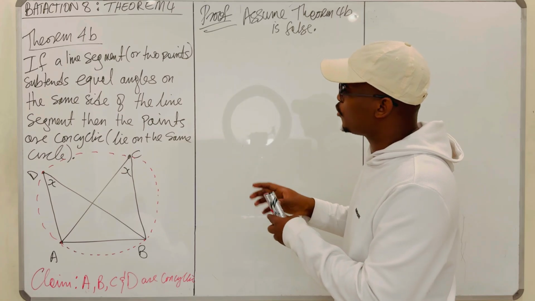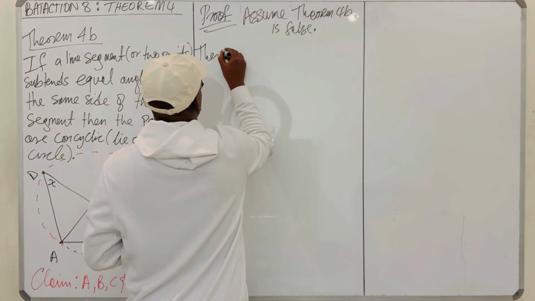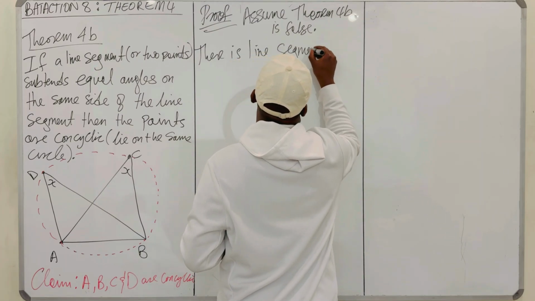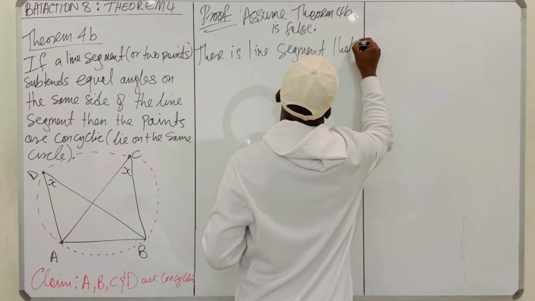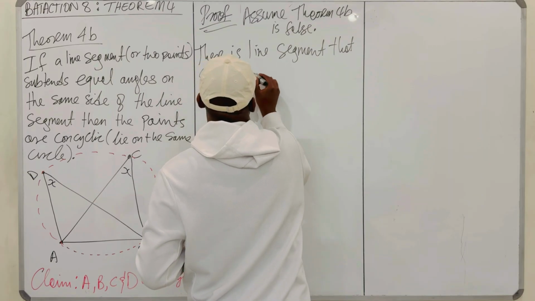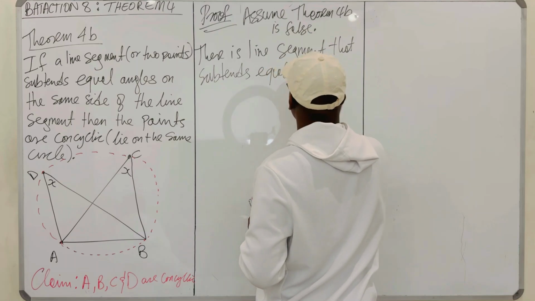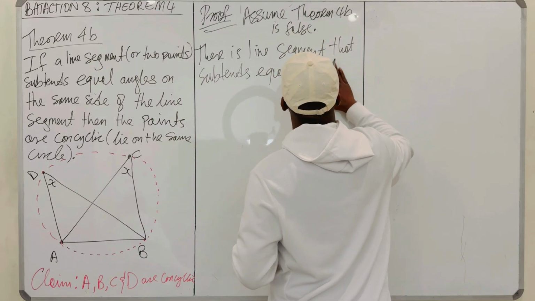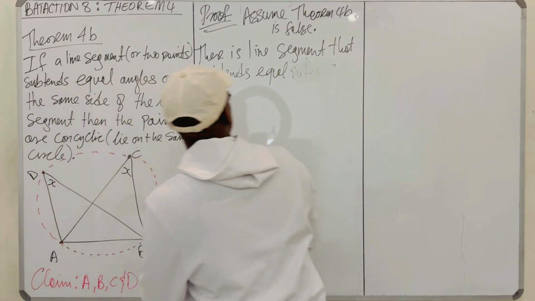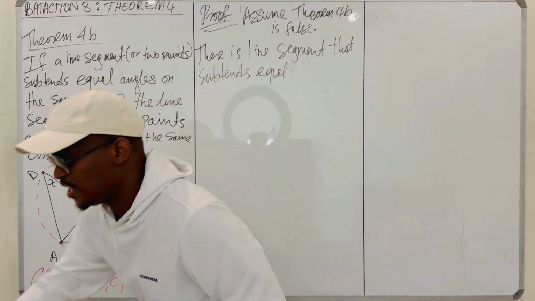Theorem 4b is false, which means, let's write down what it means. It means there is a line segment that subtends equal angles on the same side.